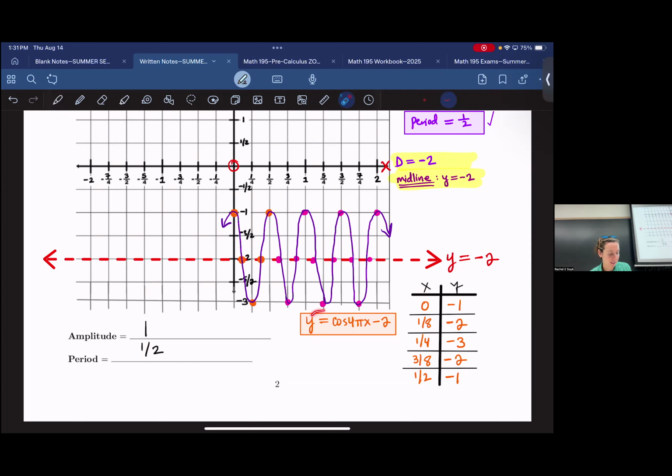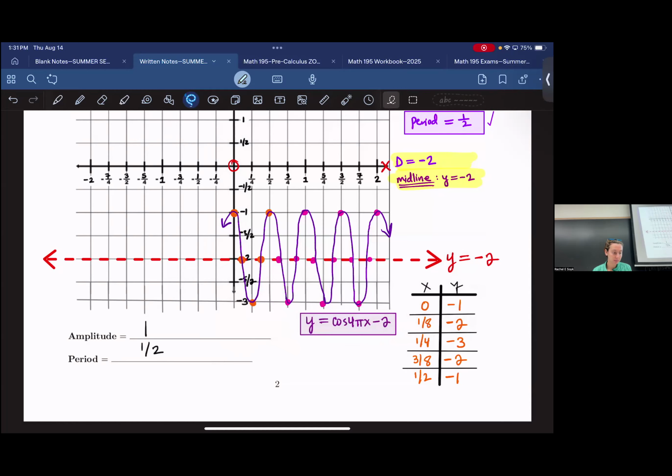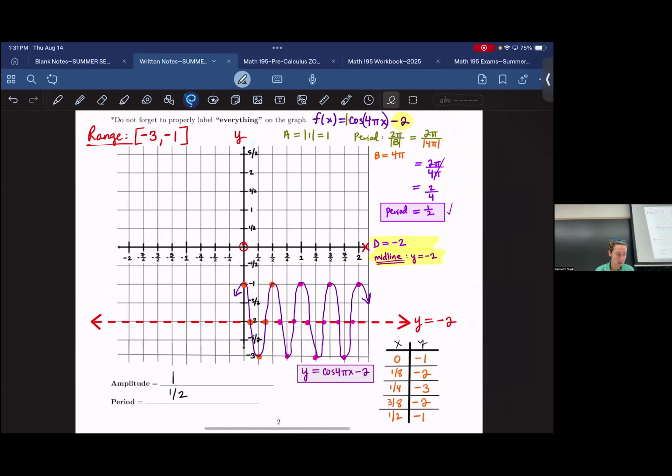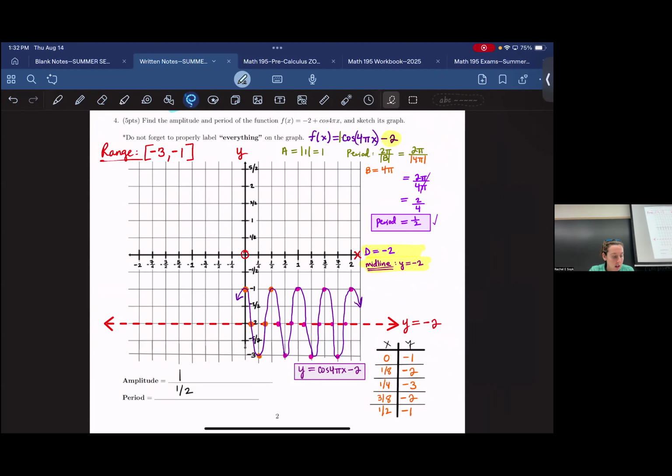And then we labeled it over here. Maybe I'll put this in purple so you know that I labeled it. And there we have it. This is our graphed function of cosine 4 pi x minus 2. So that completes the quiz.